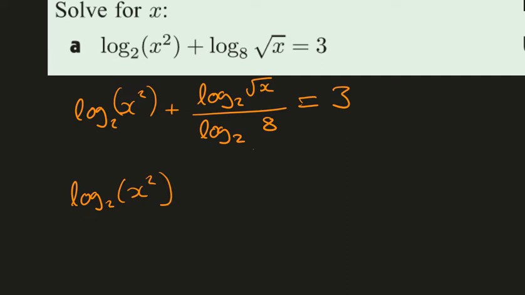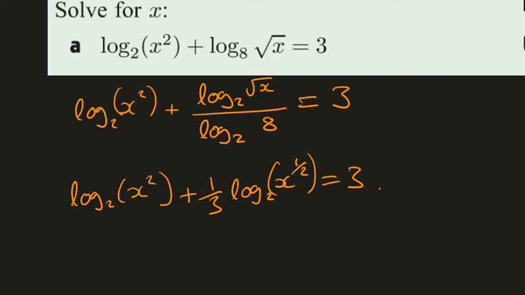From there, we'll keep this log base 2 of x squared as it was. Now, log base 2 of 8, the denominator of this fraction, is 3. So this is a bit like having a third at the front, and we'll keep that top numerator as it was. Maybe we could write the square root of x as x to the power of a half. But other than that, just exactly the same.